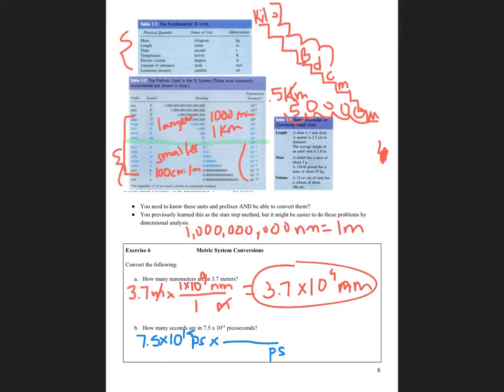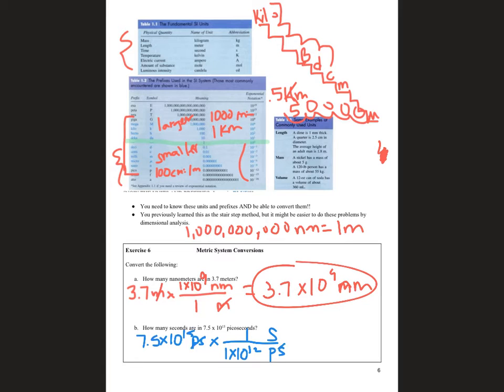So I want to convert picoseconds to seconds. Well, again, seconds is the base. So I'm going to say one base has how many picoseconds in it? Picoseconds is a smaller unit, so there's going to be 1 times 10 to the 12th picoseconds in one base. There's going to be a whole lot of those smaller units in the base.